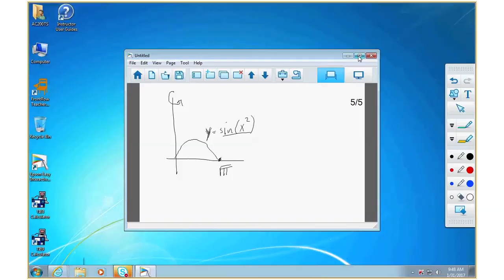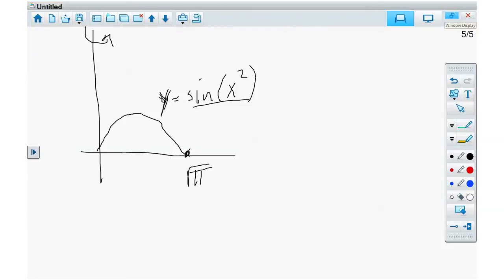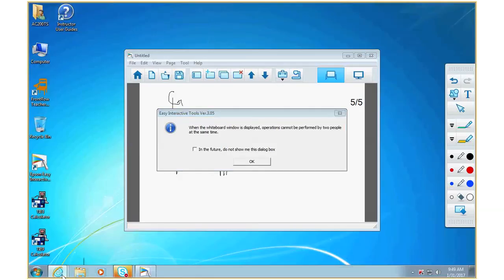Okay, let me do this. Freeze it for you. And that way I can pull up the roll.